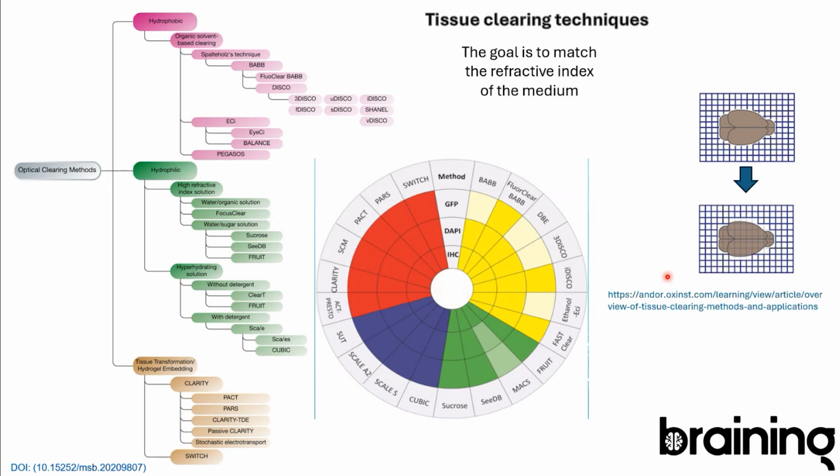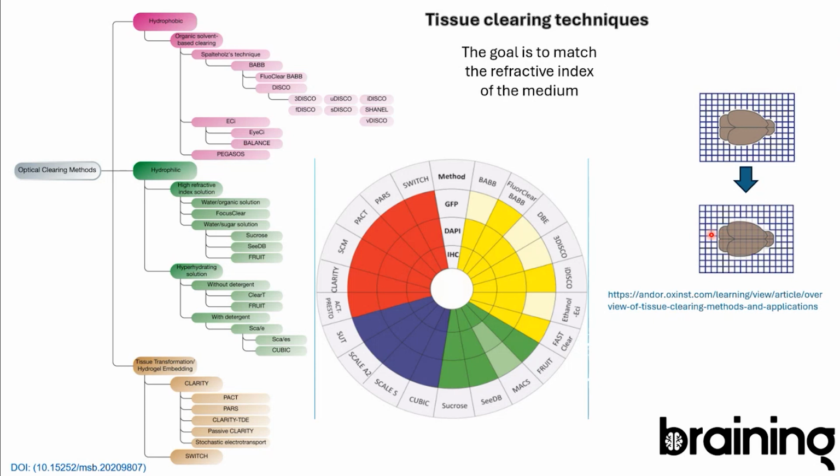A passive method can also be applied, for instance, on post-mortem tissues. Recently, there are papers in which clearing techniques have been applied also on post-mortem tissue from humans. So you can simply dip the tissue in specific solutions that eventually will remove some features of the tissue which are interfering with light or fluorescence microscopy.